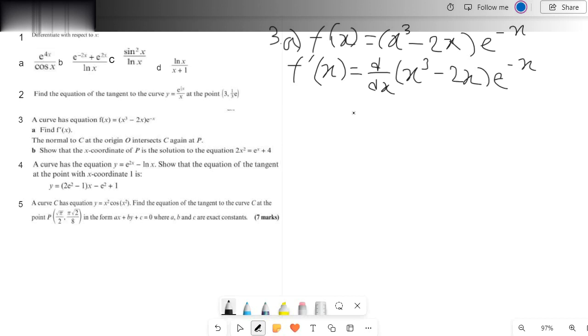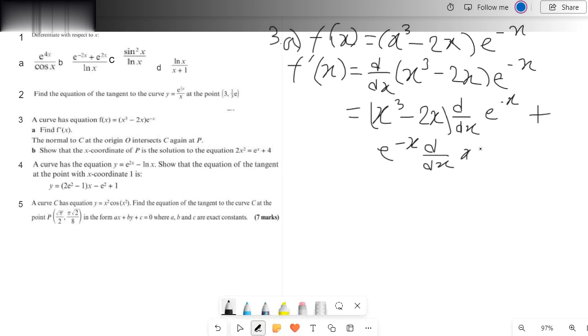So applying the formula, we have x cubed minus 2x multiplied with the derivative of e to the power minus x plus e to the power minus x multiplied with the derivative of x cubed minus 2x.